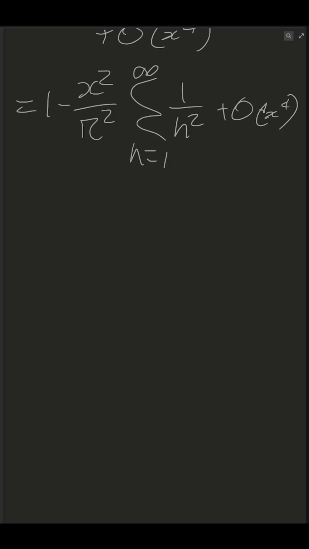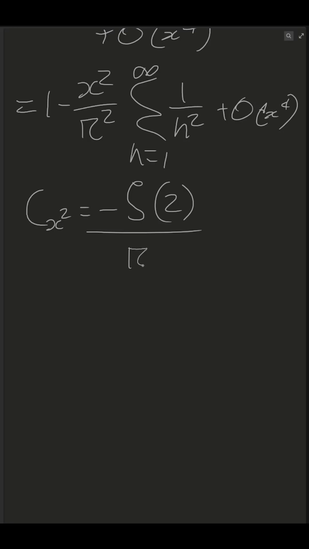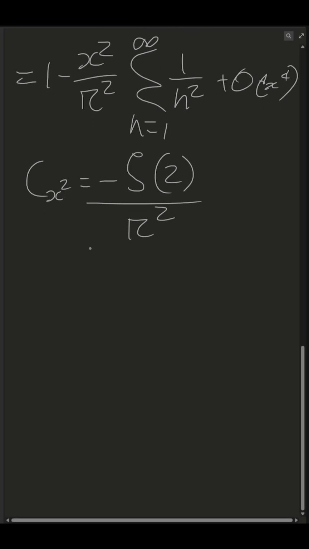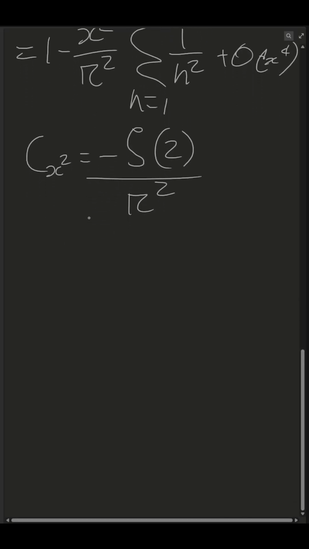Now, what we're interested in here is that the coefficient of x squared is going to equal minus zeta of 2 over pi squared. That's going to be our coefficient, and it would have x squared next to it, if we expanded our product fully, because that is the definition of the sum.